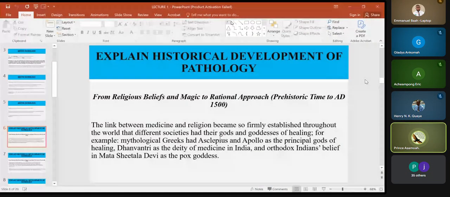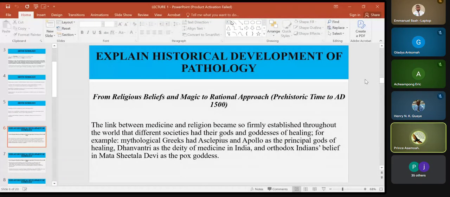So you go to India, okay, they have a deity called Dhanvantri. They see that deity as having the power over what? Medicine. So whenever they have challenges pertaining to health or disease, they go there and get direction on what to do.